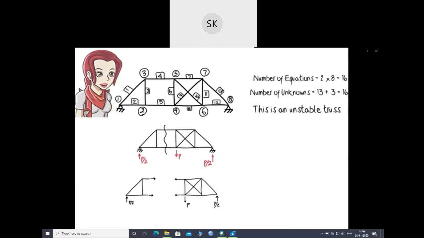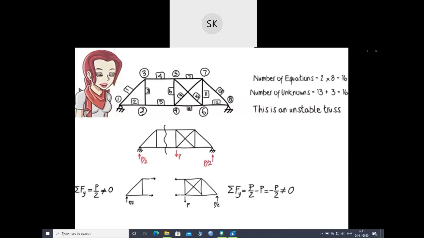For the left segment, the sum of the forces in the y direction equals P over 2. For the right segment, it equals P over 2 minus P, or negative P over 2. Since P is not 0, the segments are not in equilibrium. This means the structure is unstable.